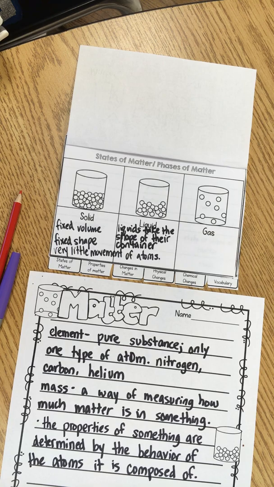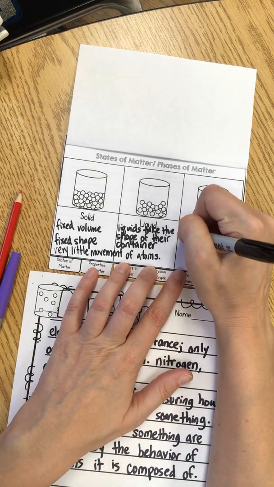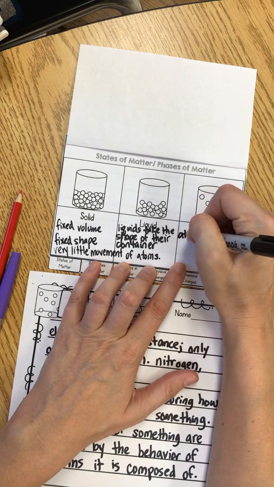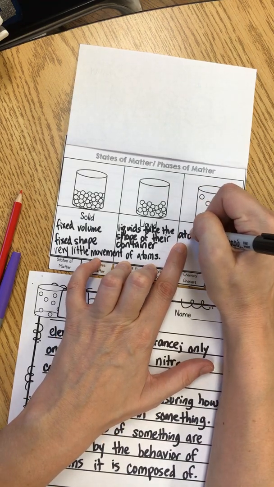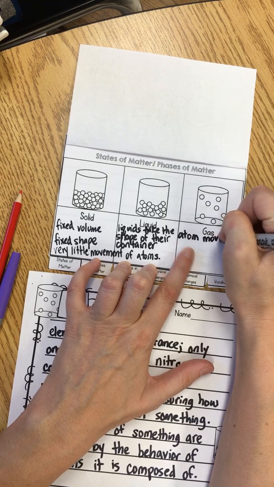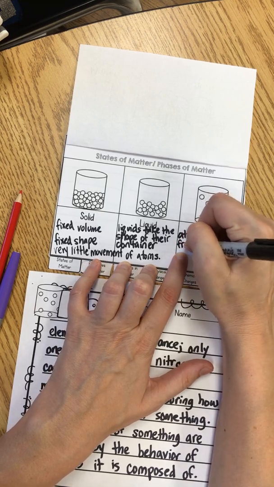Okay, now with a gas, it does not have a fixed shape or volume, and the atoms are moving at high speeds, and they're moving fairly freely and fairly quickly. Atoms move freely and quickly.